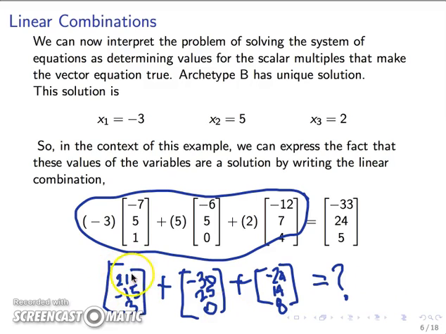So it's not too complicated to verify that 21 minus 30 minus 24 is equal to -33, minus 15 plus 25 plus 14 gives 24, and the last one, -3 plus 8 gives 5. So that's a verification.